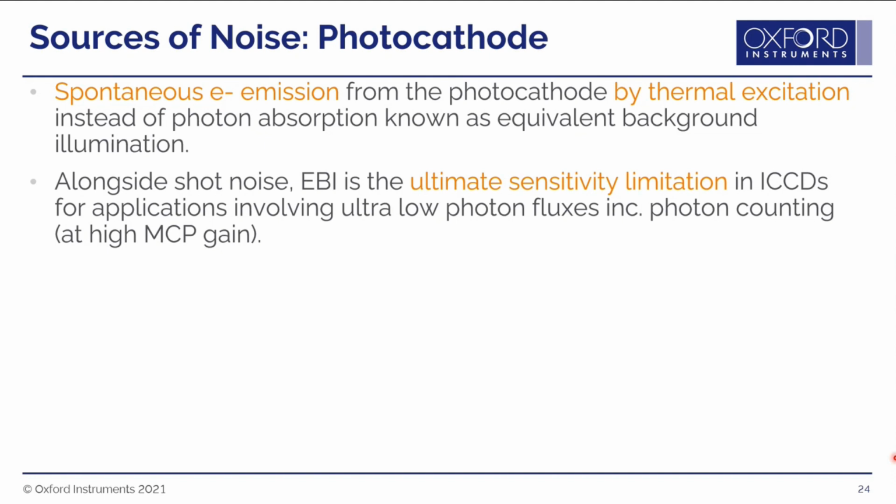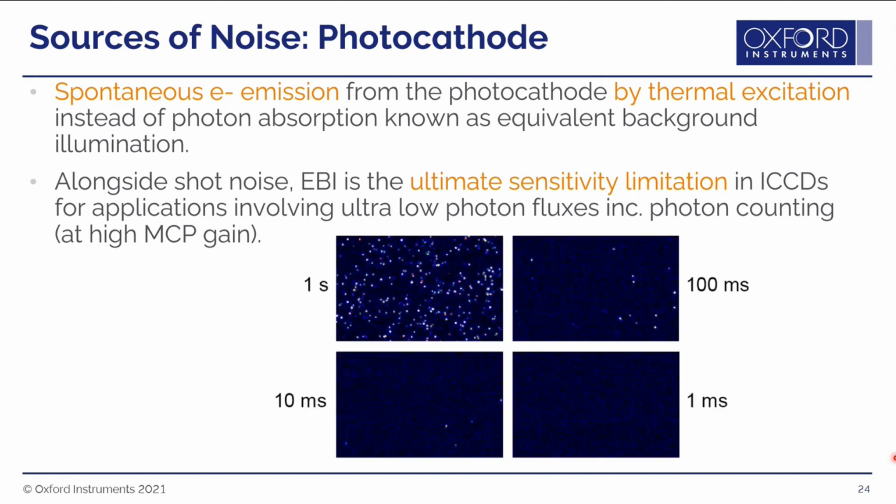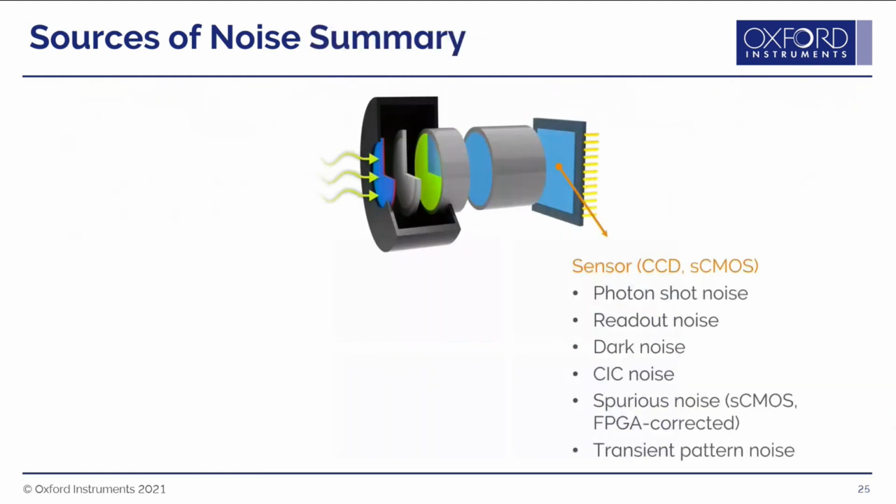EBI can be a real limitation in terms of sensitivity. And the way this looks in reality is, if you take a photocathode and do a longer and longer exposure, over time you see more and more of these dark EBI events being picked up in your sensor, going through the whole system and being multiplied up. So that's one of the sources of noise in the photocathode.